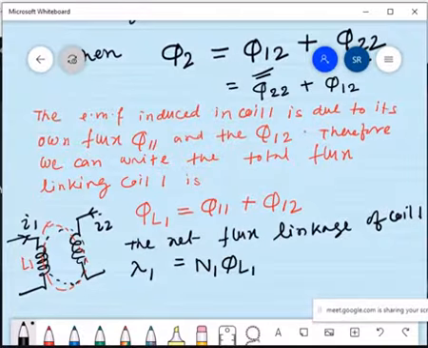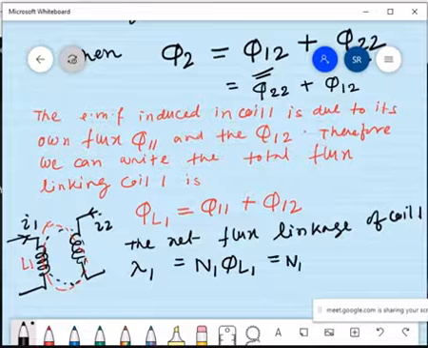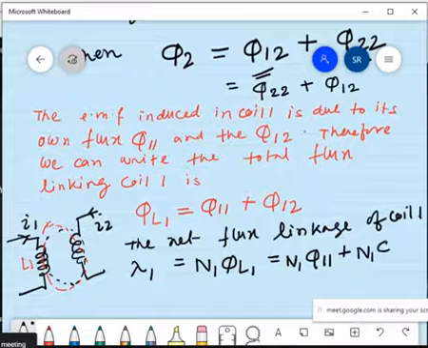So this is equal to N1 phi 1 1 plus N1 phi 1 2. This is the flux linkage.